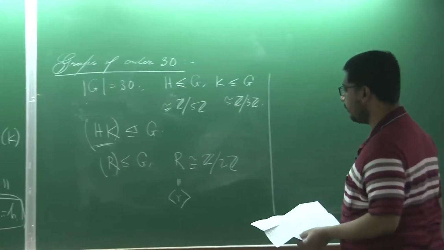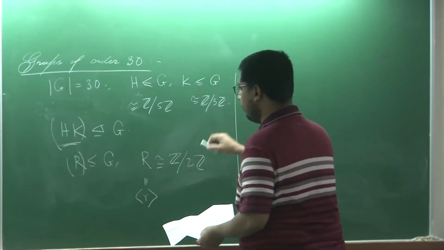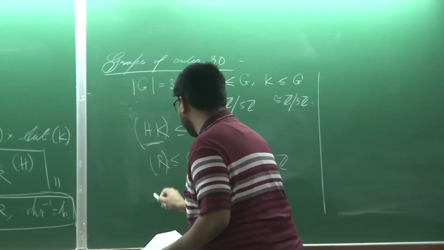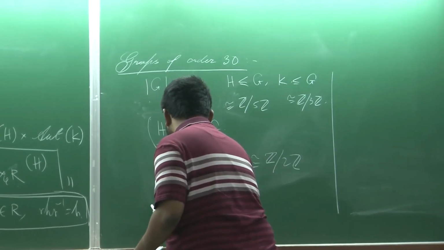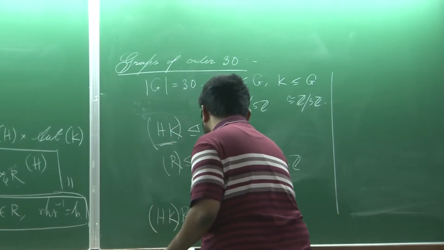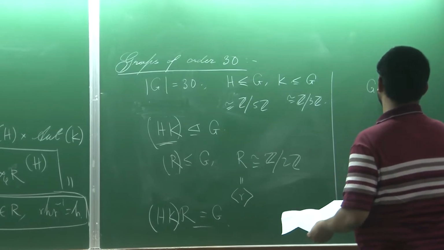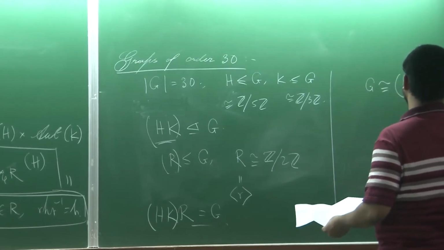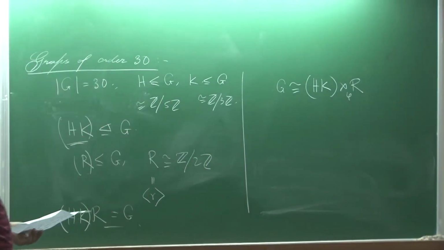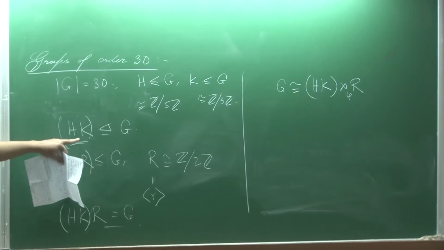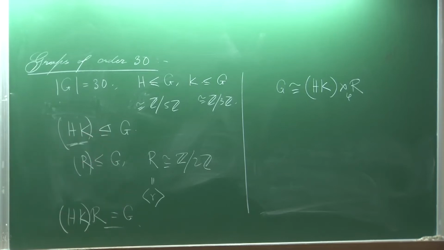It is also quite obvious that HK times R is going to be the whole of G. So it shows that G must be isomorphic to some semidirect product of HK and R. Remember that HK is a group of order 15 and it is cyclic.